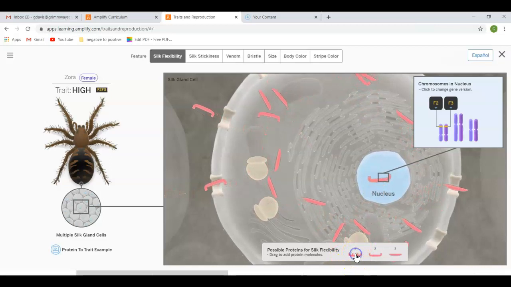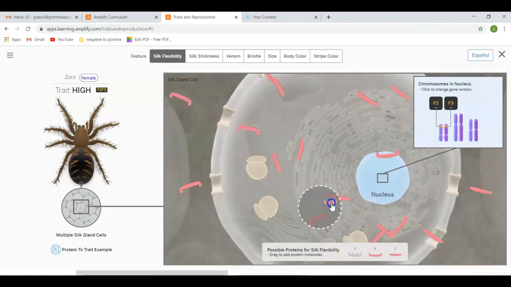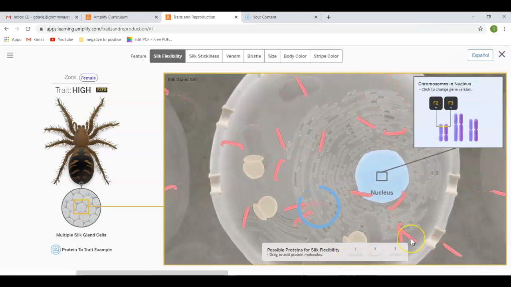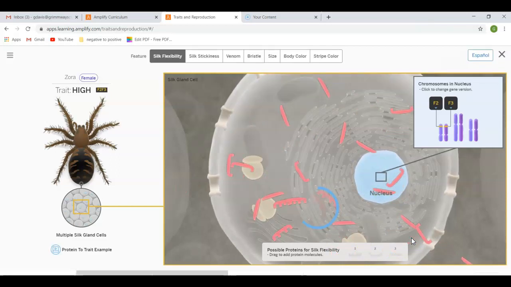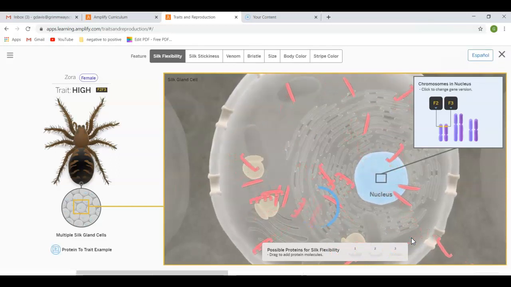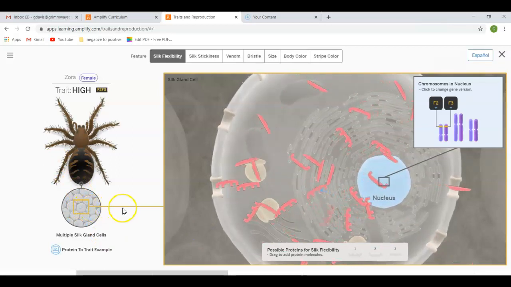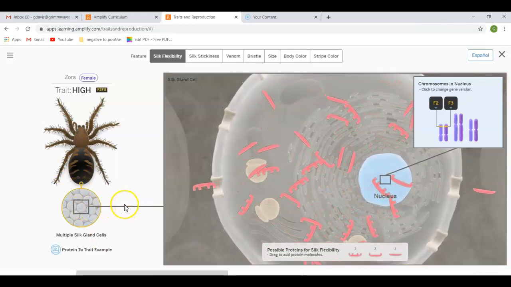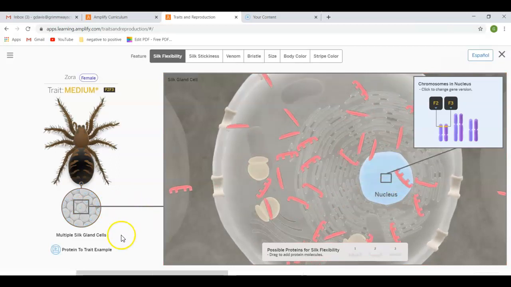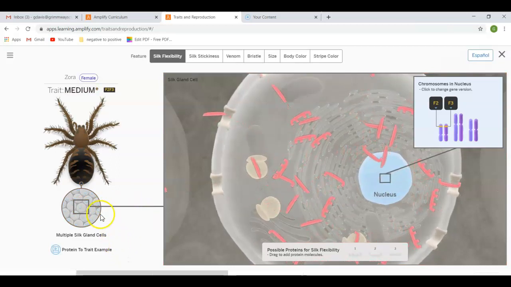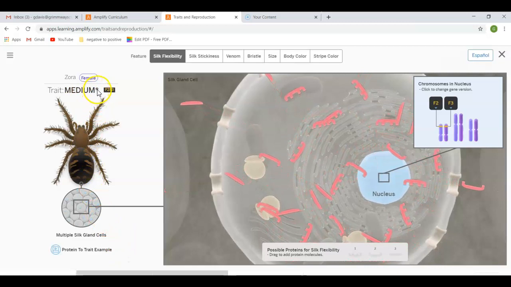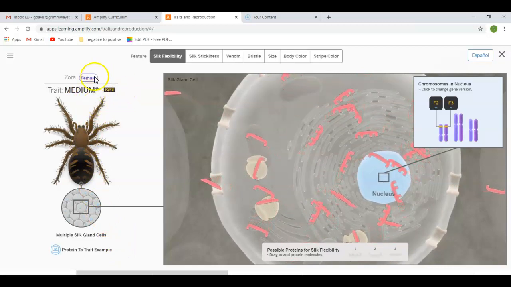So I need her to produce the same protein that Greg is producing. So I'm going to go ahead and add a 1. So I'm going to glide it in here. So she's producing that. And so now, you see right over here, is something going to change? Now I got an asterisk, that means it changed.